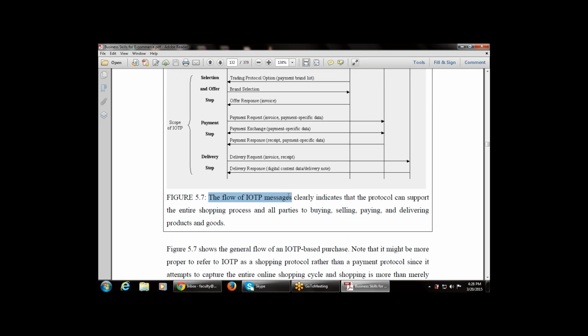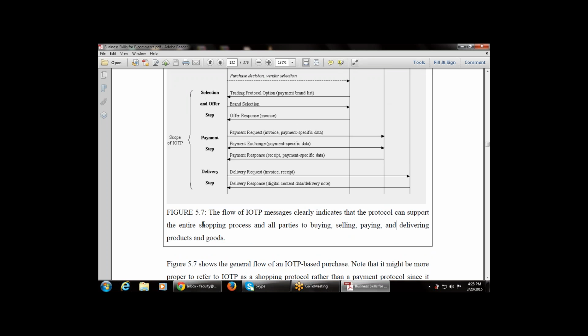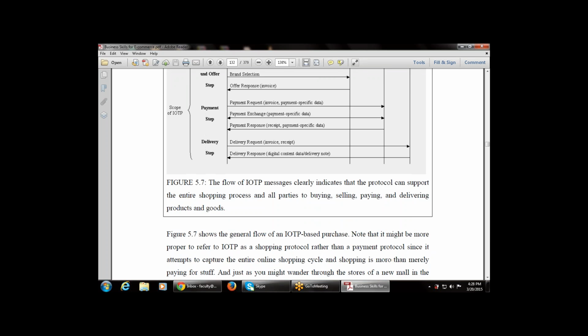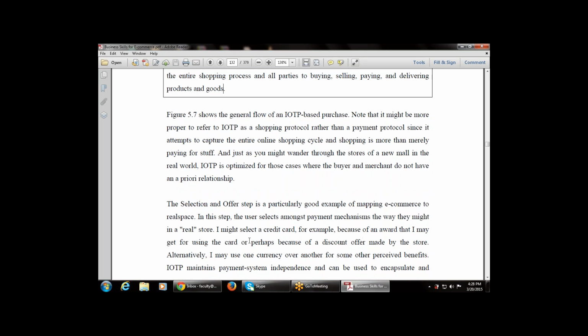The flow of IOTP messages clearly indicates that the protocol can support the entire shopping process and all parties to buying, selling, paying and delivering the products and goods. The selection and offer step is a good example of mapping e-commerce to real space.